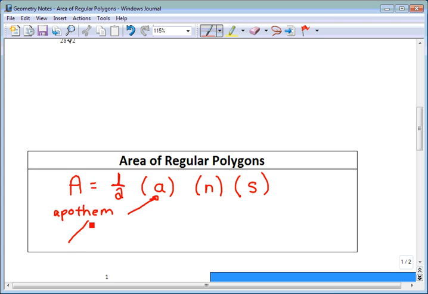So I'm going to draw a regular triangle just because that's the most simple regular polygon to draw. And an apothem goes from the center of our polygon and it is perpendicular to a side of the regular polygon. So it is a line segment that goes from the center and is perpendicular to the side.